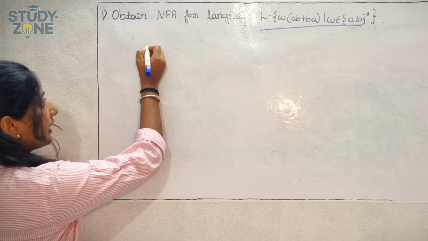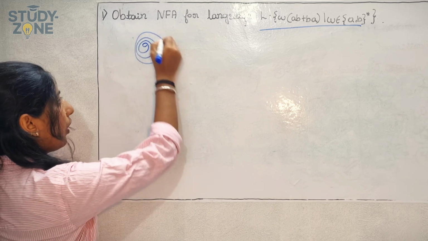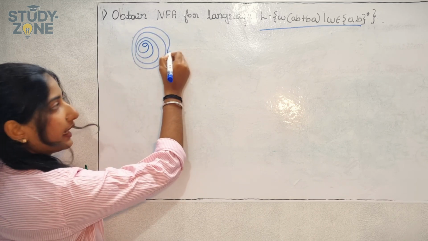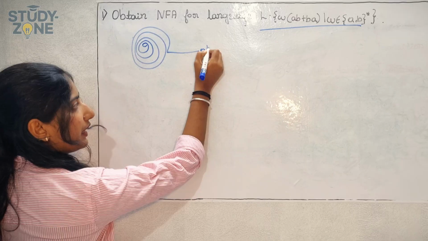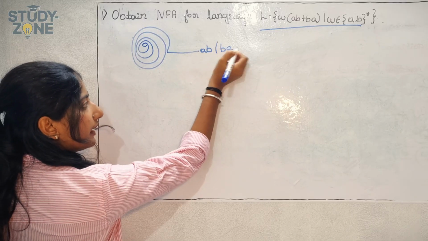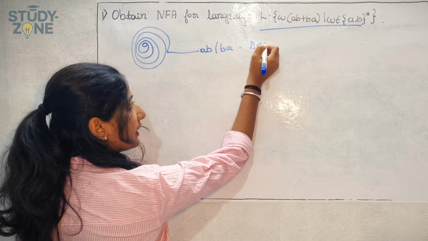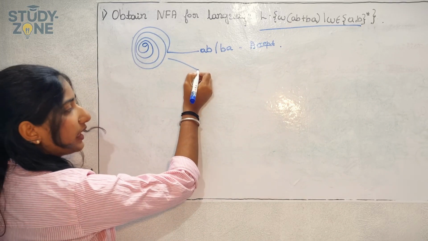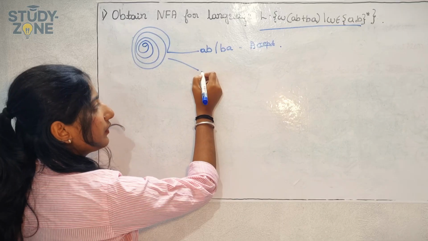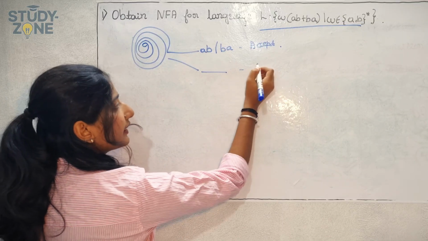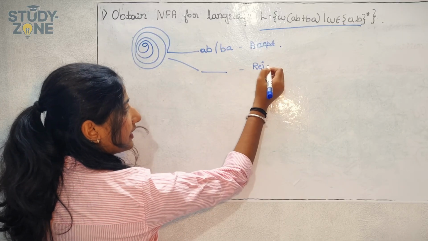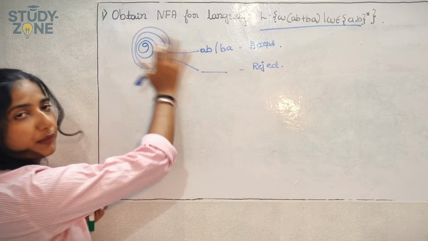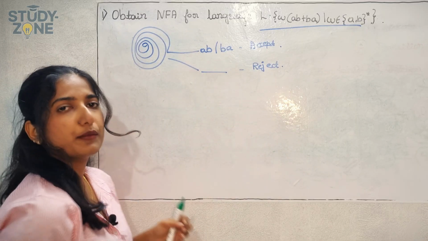The machine will go on many circles, and if at the end it has ab or ba, then the string will get accepted. In other cases it will do any number of circles, but if in the ending we don't have ab or ba, then it will get rejected. So here I can have anything, but at the end I should have ab or ba.